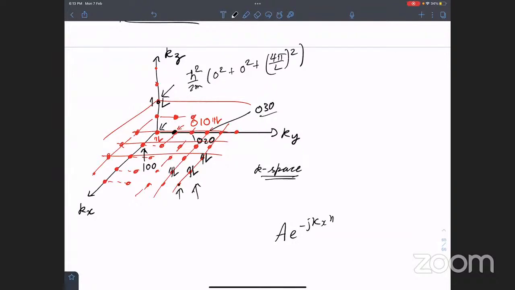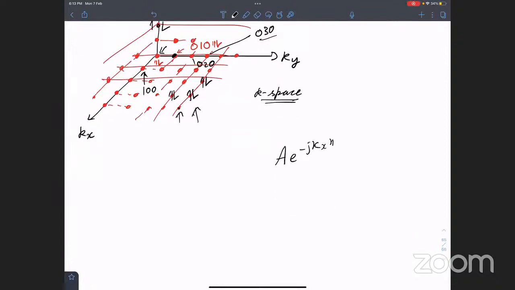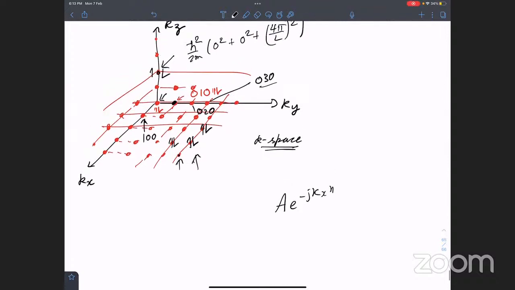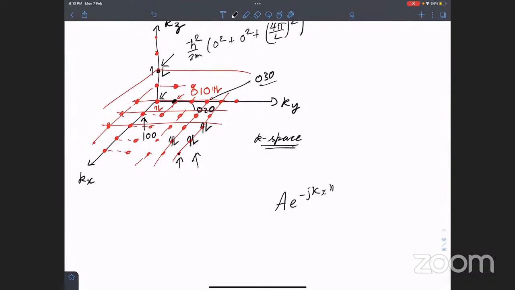Okay, now comes our question. What do we want to do? We want to now count this. What exactly do we want to count? We want to count how many states there are with the mod of the k vector, that is the distance from the origin to this particular point.